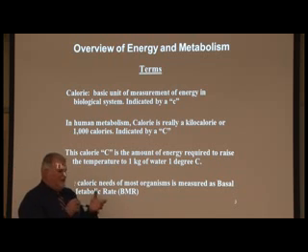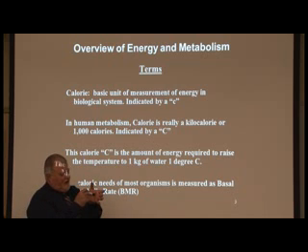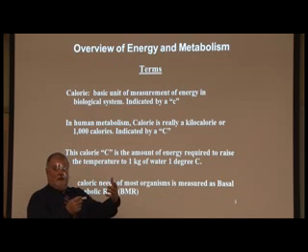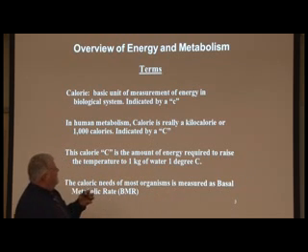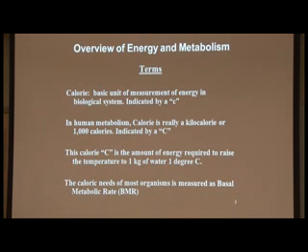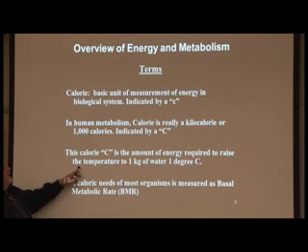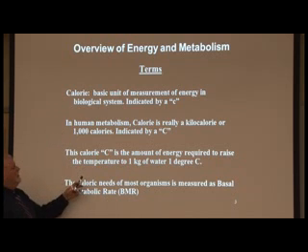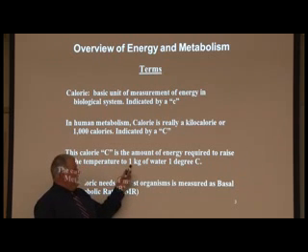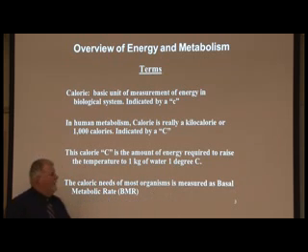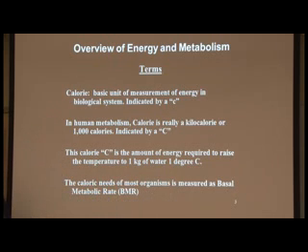For example, a Snickers bar would say 450 calories, but that's really 450,000 calories, which would be a big number, so we've converted it to kilocalories. When we think about diet and labeling in the United States, we use kilocalories, which is the amount of energy required to change a kilogram of water 1 degree Celsius. It's the same thing, we just multiply it by 1,000.